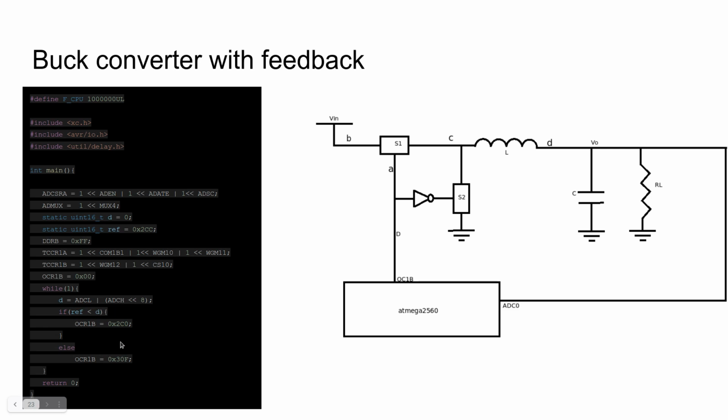So I set a duty cycle of slightly less than 0.7, so it starts to bring down my voltage. And if the output value is lower than the reference value, then it will set the duty cycle to a value slightly higher than that.